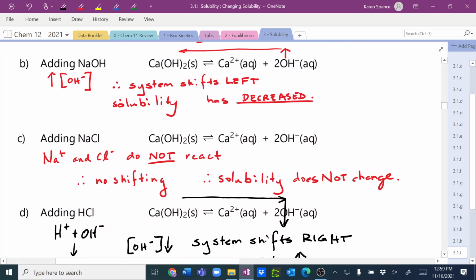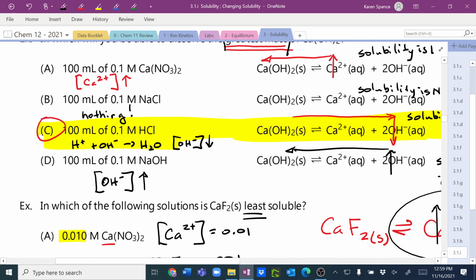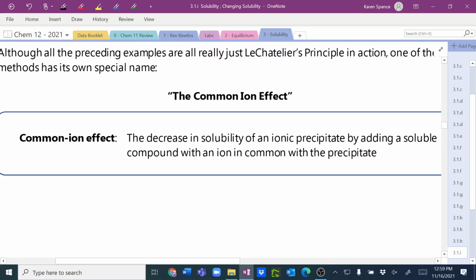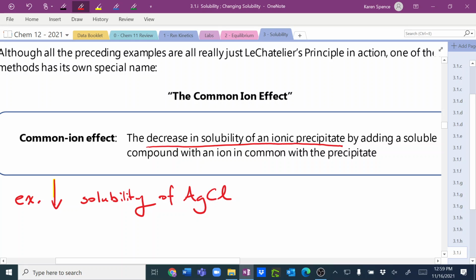So if we go down to the definition, the common ion effect is a decrease in solubility of an ionic precipitate. So let's say we're decreasing the solubility of silver chloride. So we're decreasing the concentration of an ionic precipitate by adding something that is soluble.